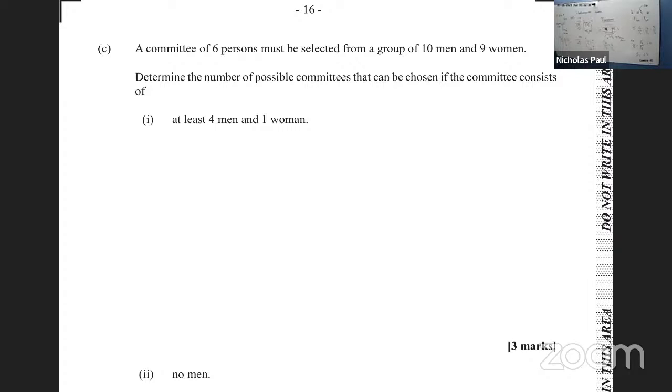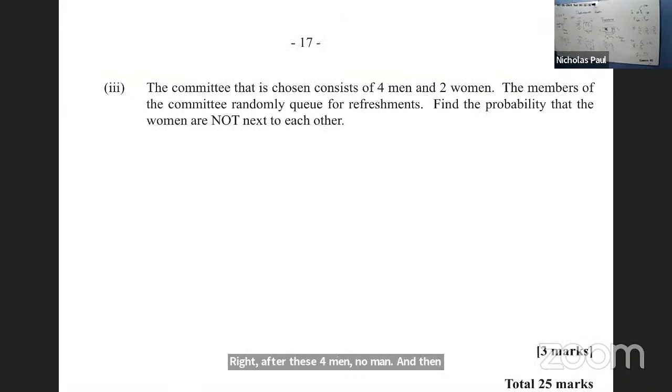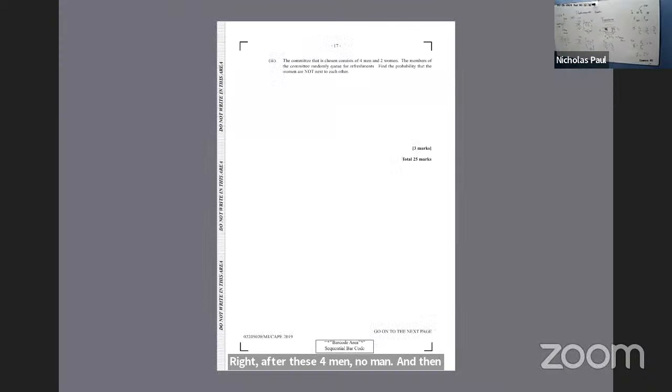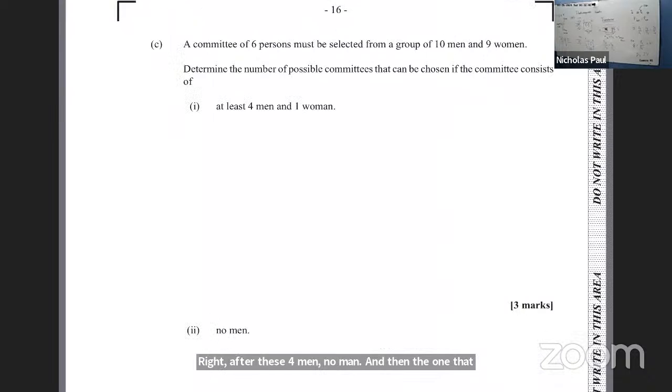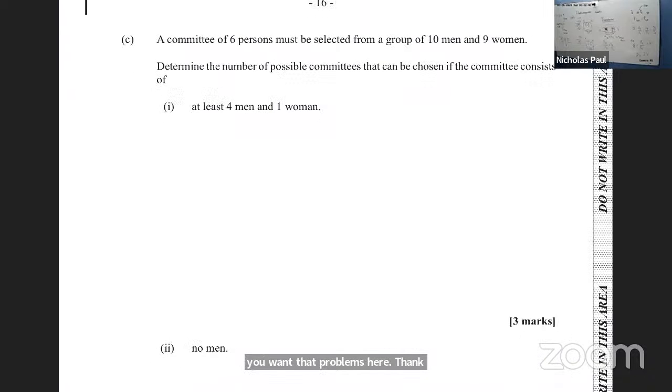At least 4 men, no men, and then they want a probability here. We'll come to that, right? You all finish all this already? First part? Right, give me some time. Finish it?